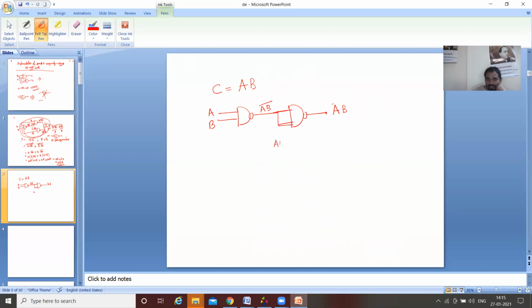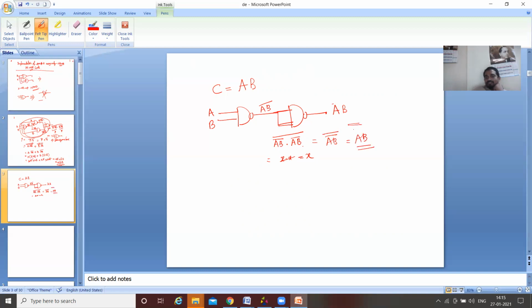So AB whole bar dot AB whole bar and whole bar, because of this dot, this becomes x dot x is equal to x. So AB bar dot AB bar will become AB bar. So AB bar and whole bar is equal to AB.